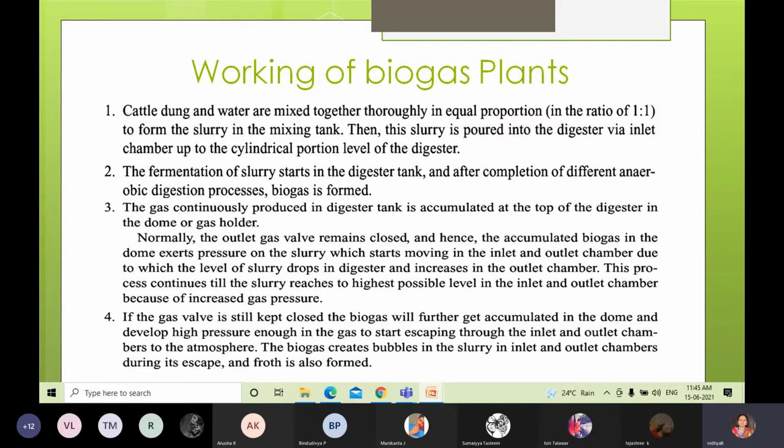This process continues till the slurry reaches the highest possible level in the inlet and outlet chamber because of increased gas pressure.